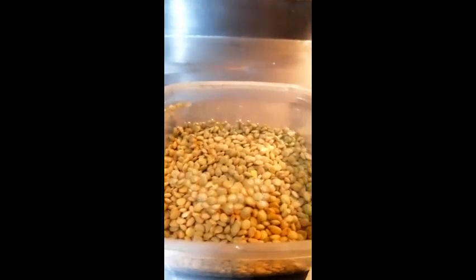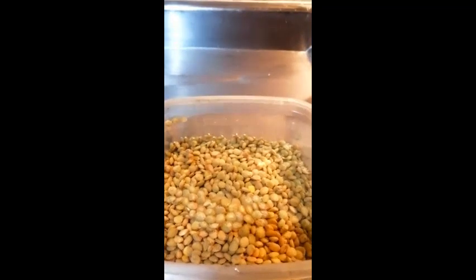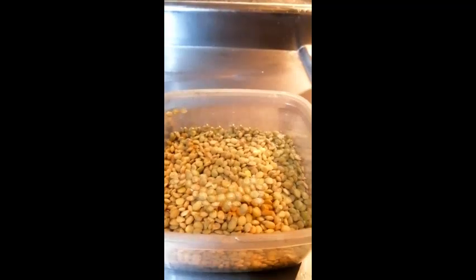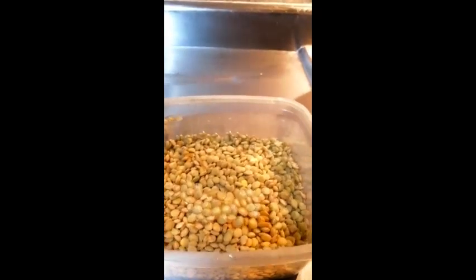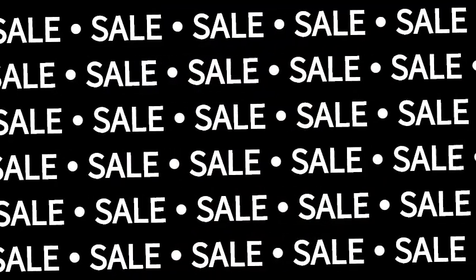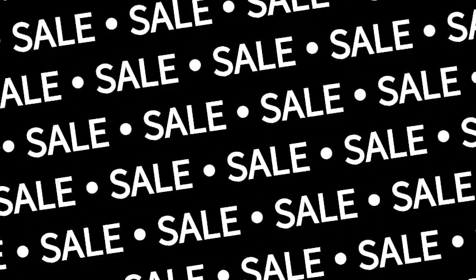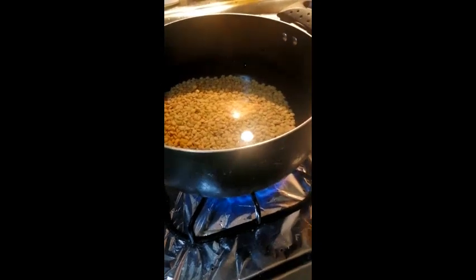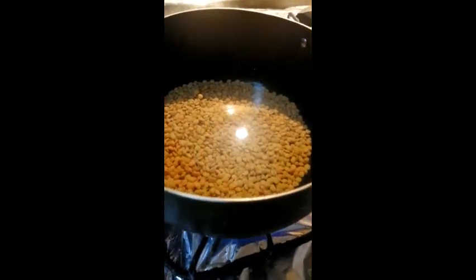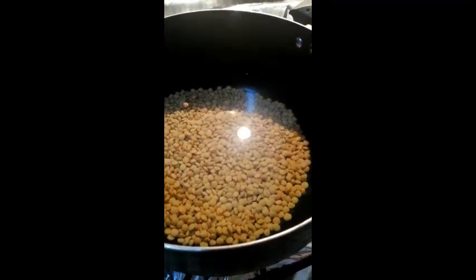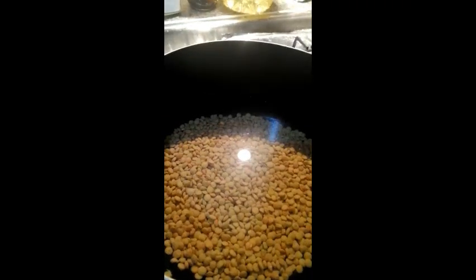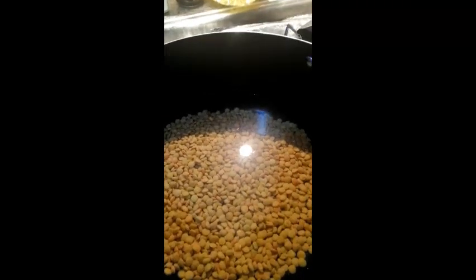When we put the lentils in the water and the bubbles, we're going to see a better process of flotation because they're going to be going up. So we're going to wait for the moment when we have boiling water.